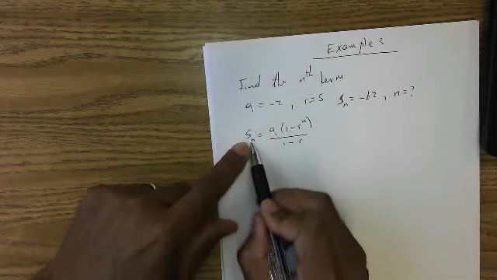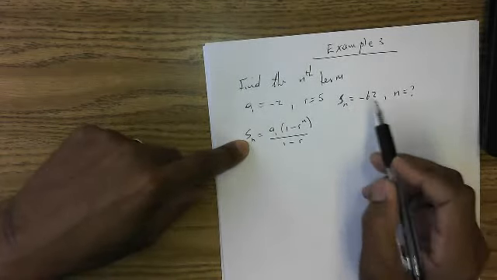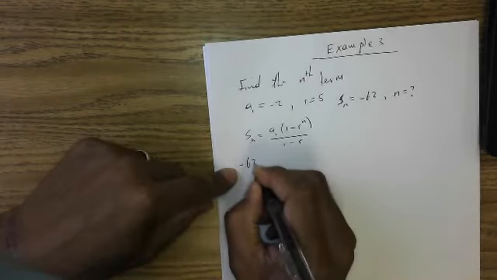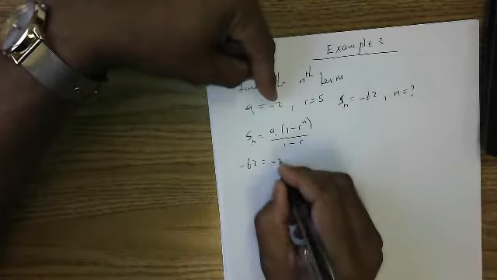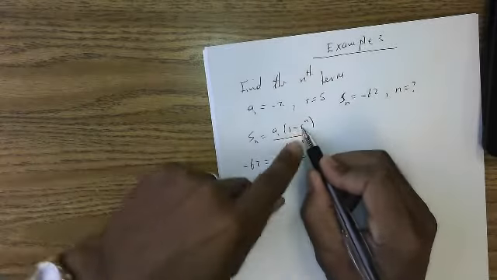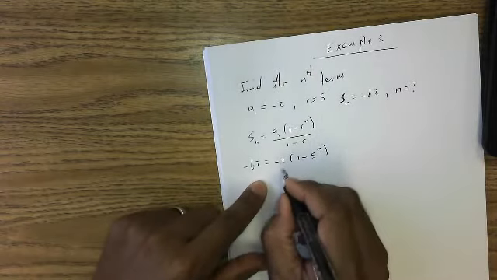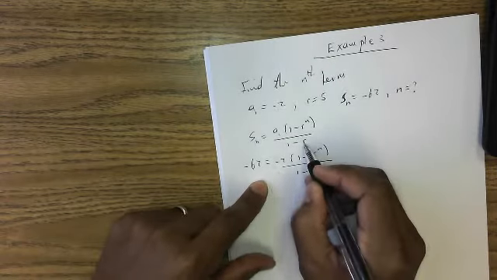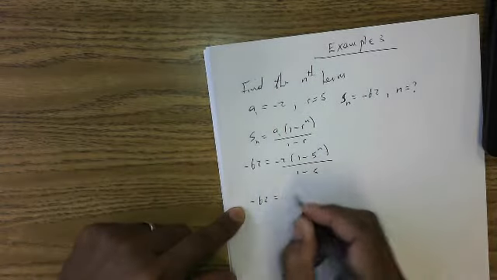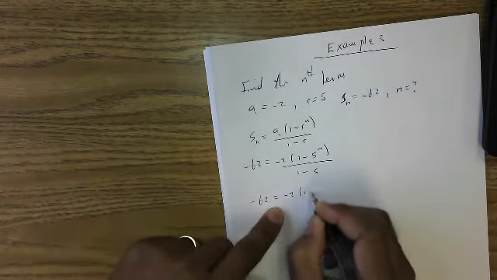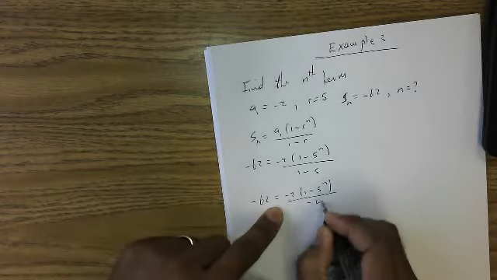Okay, so where s sub n is, we're going to replace it with the value for s sub n, which is negative 62. So that is negative 62 equals a sub 1, we're going to replace it with negative 2, times 1 minus r, we're going to replace r with 5, so that is 5 to the n, over 1 minus r, which is 5. Okay, so this is negative 62 equals negative 2 times 1 minus 5 to the n, over negative 4.